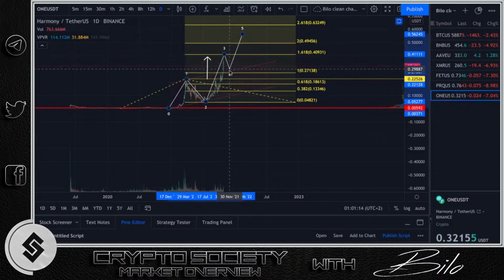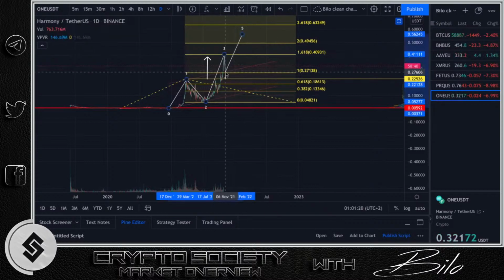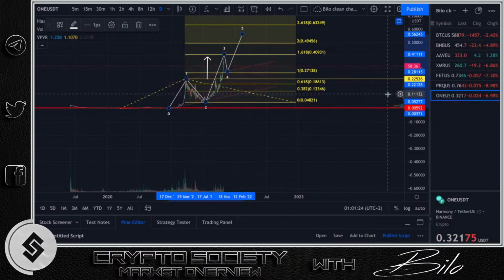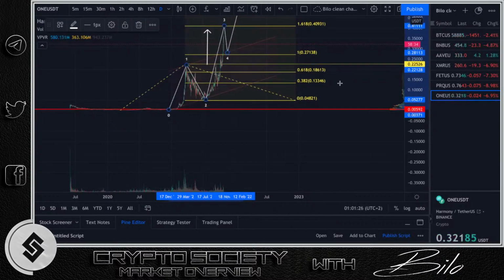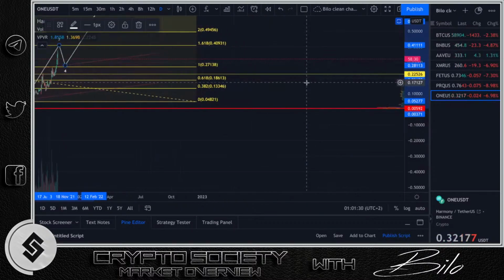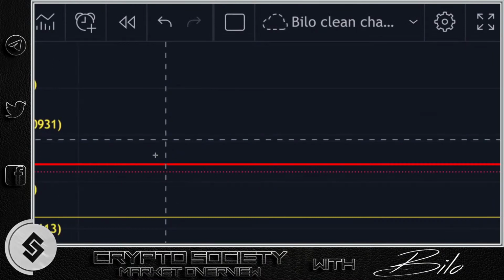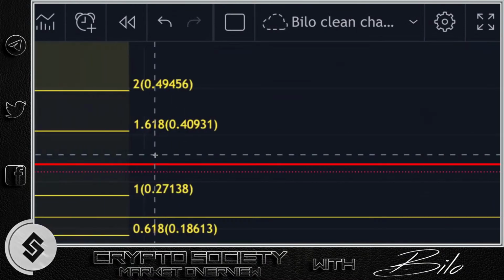It might go here actually. But it's gonna be quick. It's just gonna be like a correction. A very quick correction. Maybe my wave 3 is done. Hold on, let me just see something. Maybe the options expiry will cause that.